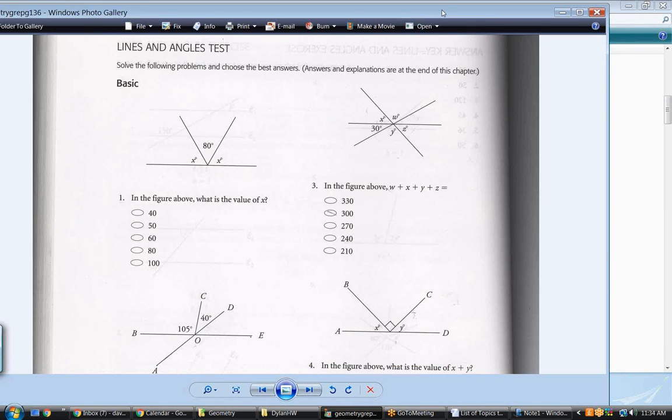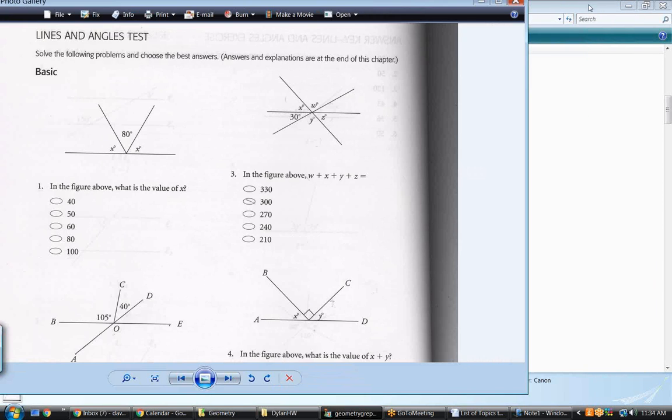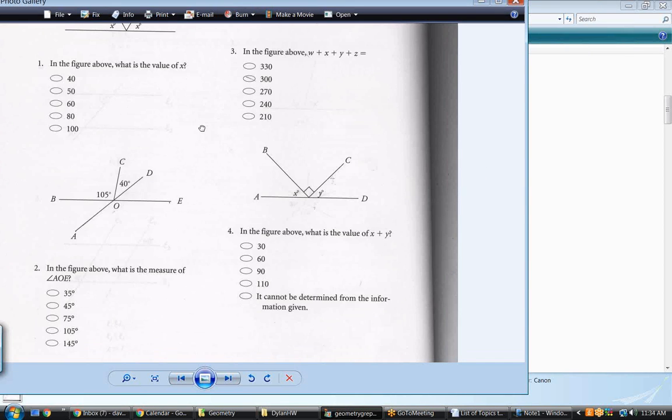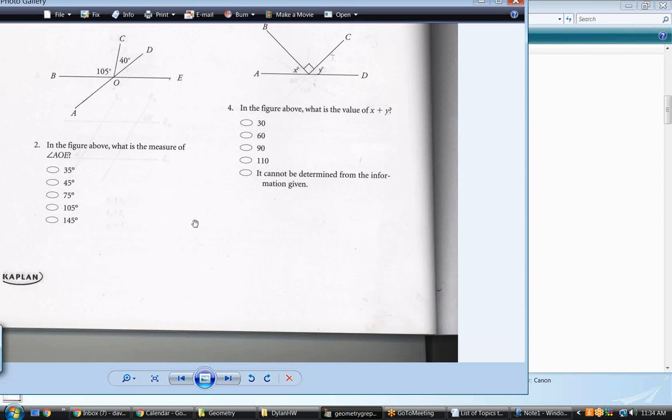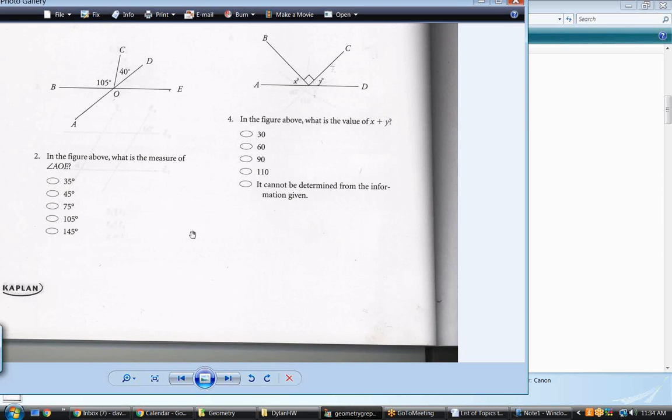This is the lines and angle basic questions. How much is X? We're going to do even ones only. You're going to do odds on your own. Let's do 2 and 4.